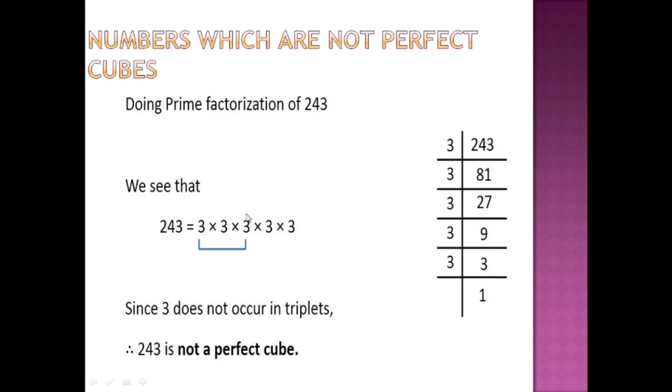Make groups of 3. See, one group is this. You will notice that we are not able to make a group of 3 here because we have only two 3's here. When we are not able to make a group of 3, that means that number is not a perfect cube.